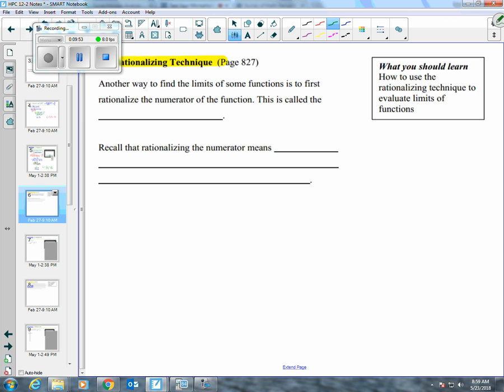So another way to find the limits of some functions, not all obviously, is called the rationalizing technique. So the rationalizing technique means you rationalize something to help you get it into a different form. So rationalizing means we're going to multiply by whatever we need to sort of undo or get rid of whatever thing we're trying to get rid of, usually a radical.